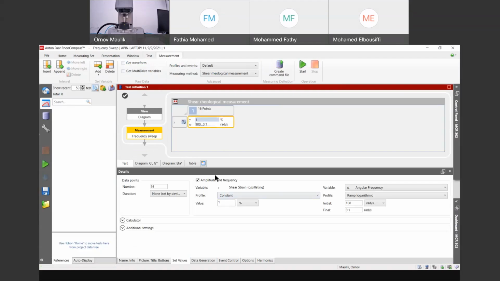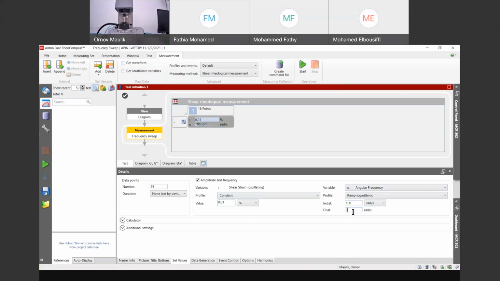In parameters, my shear strain is fixed, which I would always put within my LVE region, and I am varying my angular frequency from 100 radian per second to 0.1 radian per second.